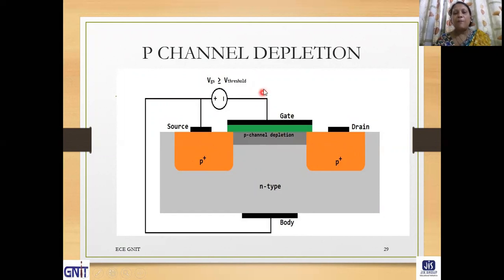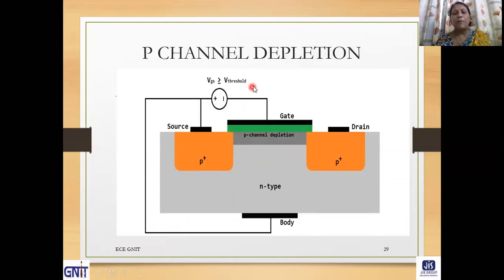If we apply a positive gate voltage, then negative charges will be induced. This negative charge will recombine with the holes present in the channel region, and as a whole the channel region gets depleted of free charge carriers. Then this device acts in depletion mode.